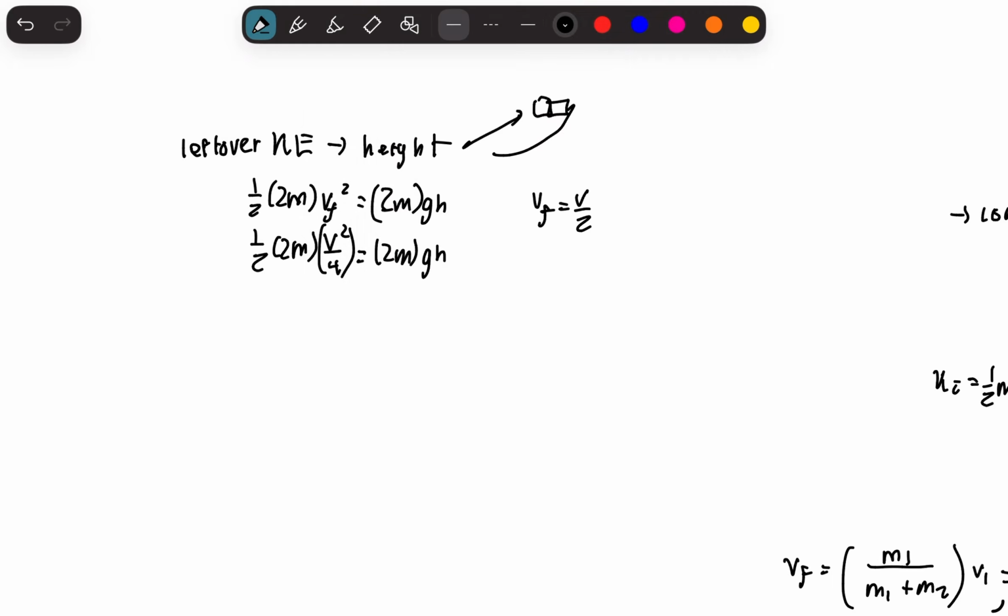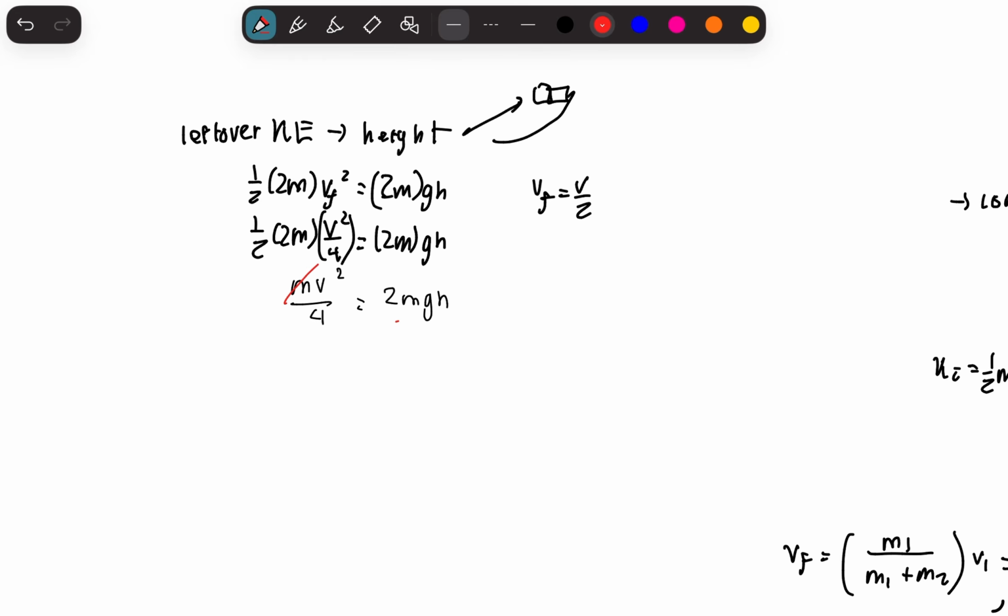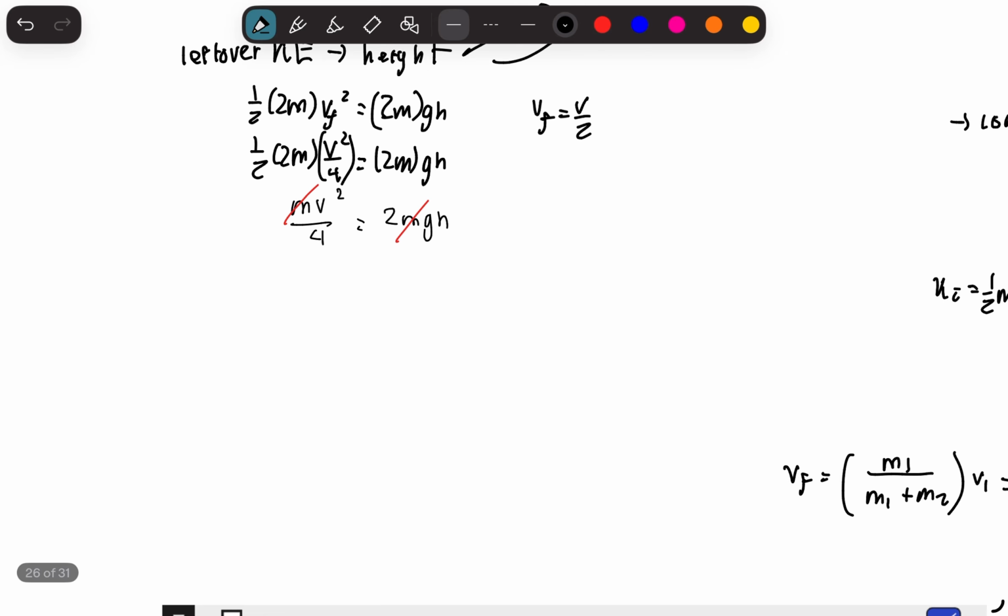So what you have here is mv squared over 4 is equal to 2mgh. You can cancel out the m's and you get v squared over 4 is equal to 2gh. What we did here was we substituted in vf right here.